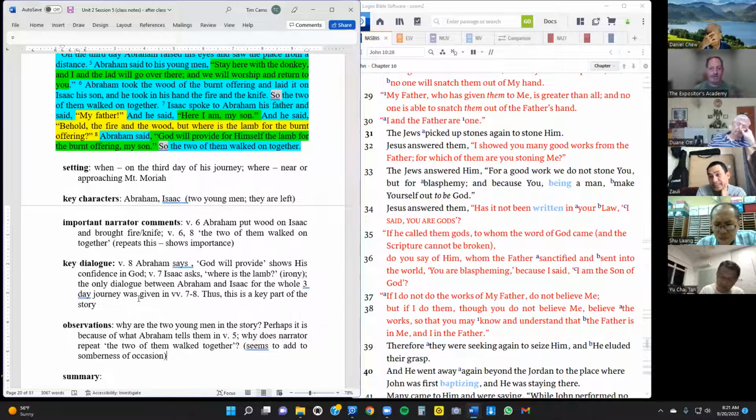It's fine if Hebrews 11 pops into your head and you remember that a statement was made in that chapter. We just don't want to impose a later interpretation onto this story yet. We want to understand the story in its context first, and then we can include some of these other references in other places. But it's fine to note those here.